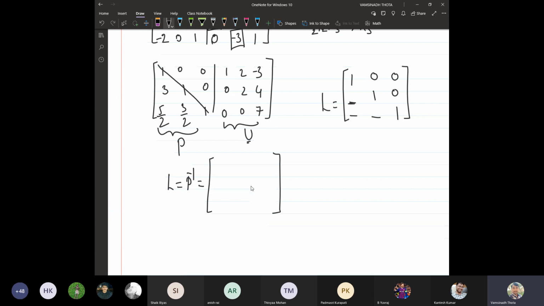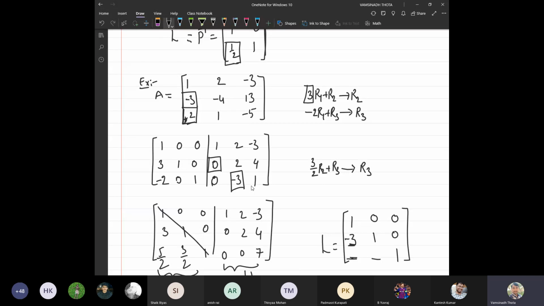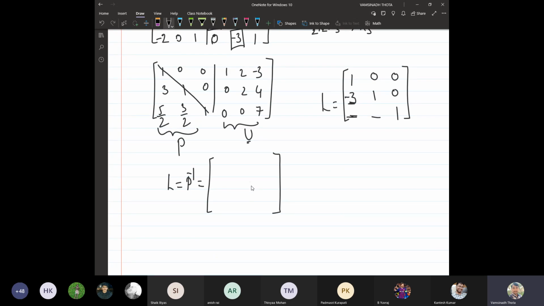So here you simply write minus 3. And then next, this one. This again is about row 1. To make this entry 0, what is the multiple that we have used? Minus 2. So consider the negative of minus 2, so here it is plus 2.